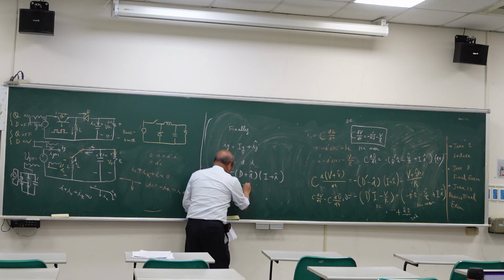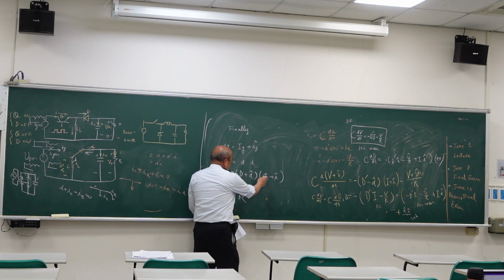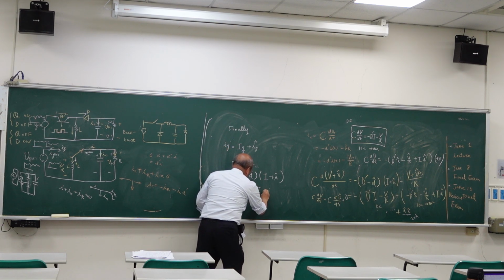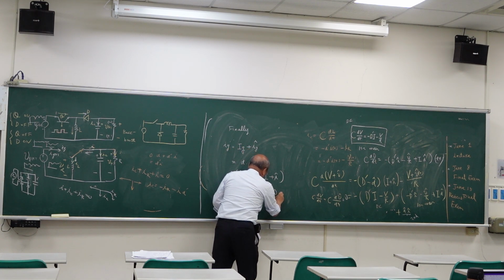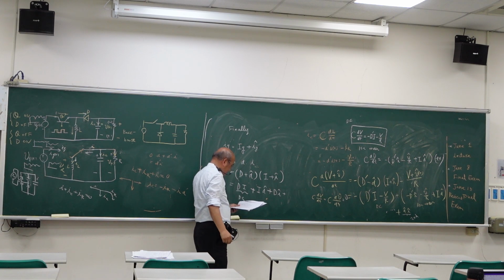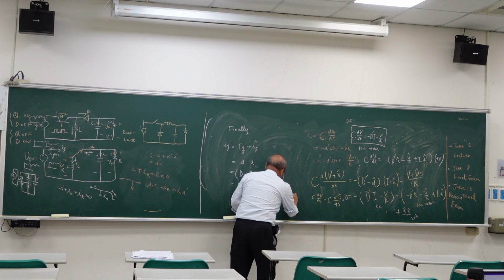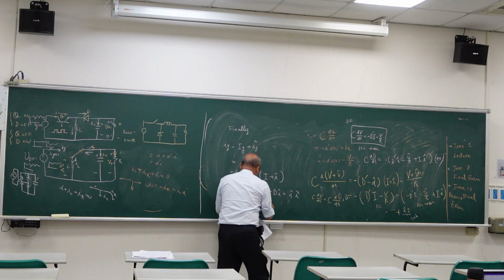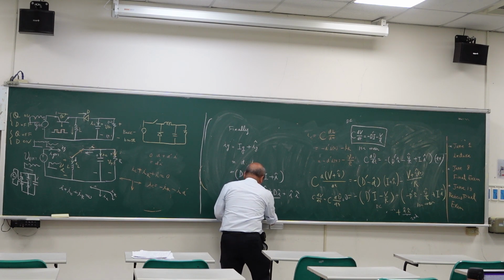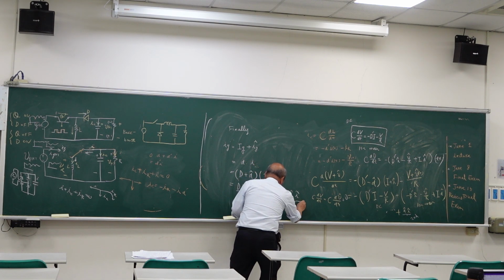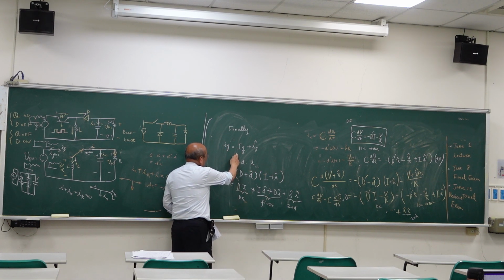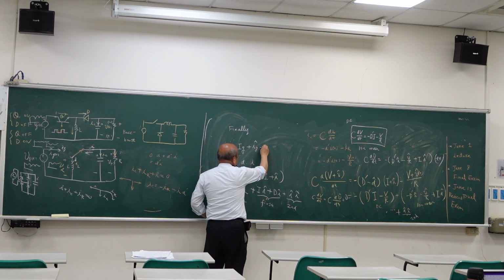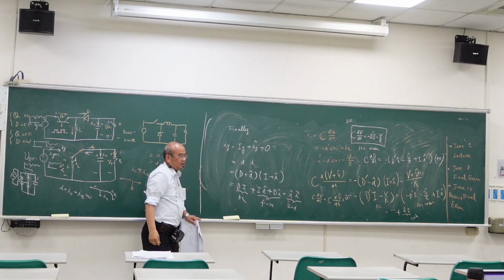DI is the DC value. How about first order? I D hat and D I hat. How about second order? D hat I hat. So this is first order, this is second order. What is second order? 0, right?